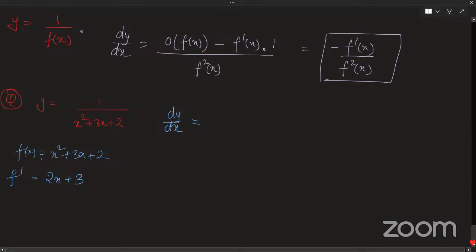So what will be your dy by dx? Minus f dash x divided by f square x. So minus 2x minus 3, whole divided by f square.